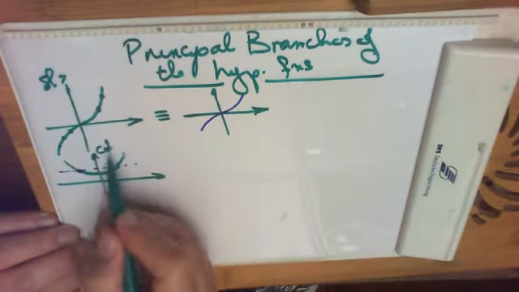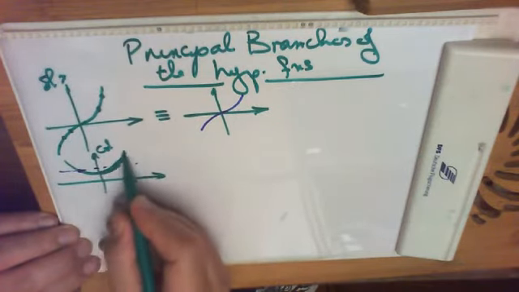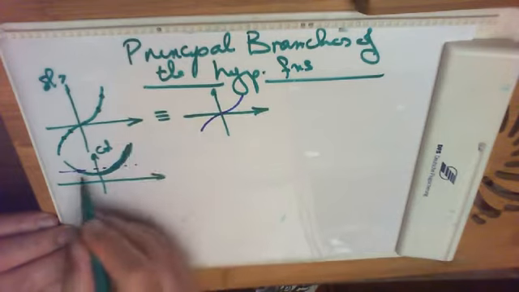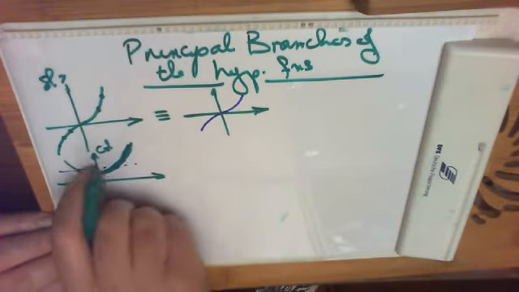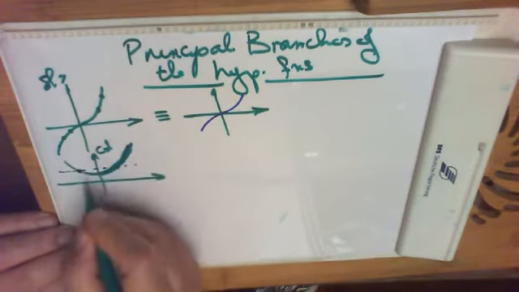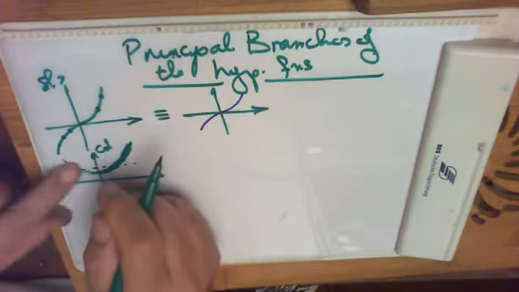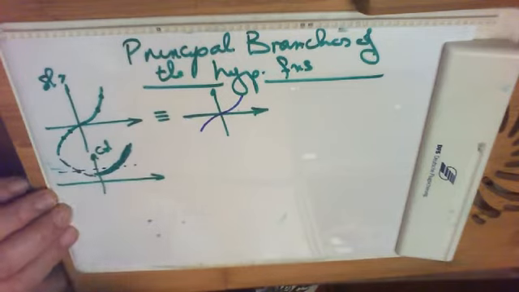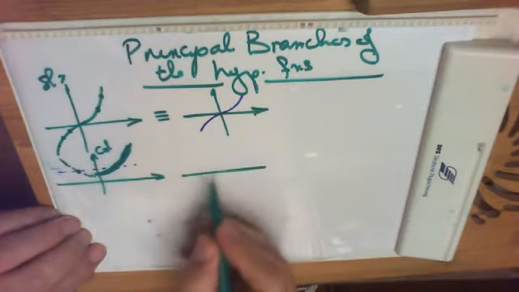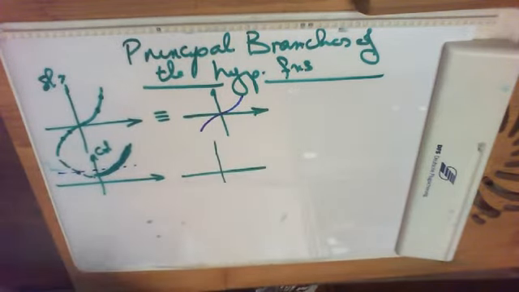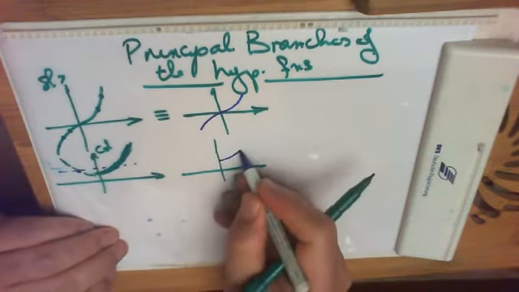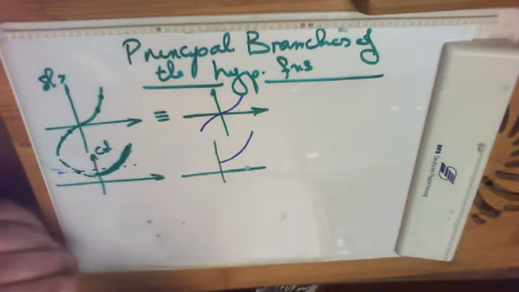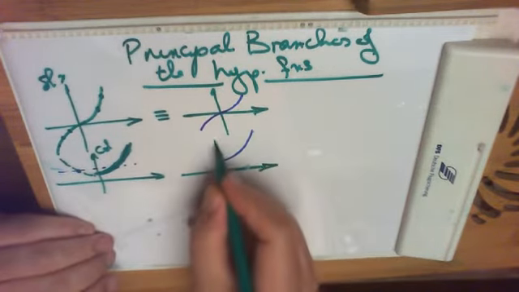We have only this part, and this is out of consideration. This is the principal branch, this part only. This is 0, 1.